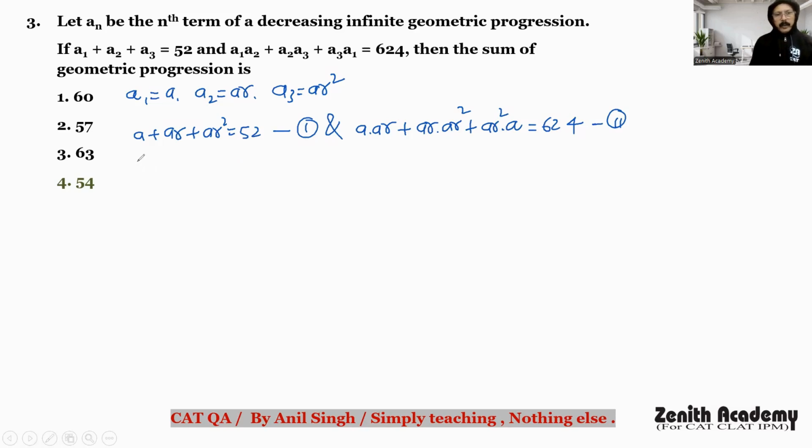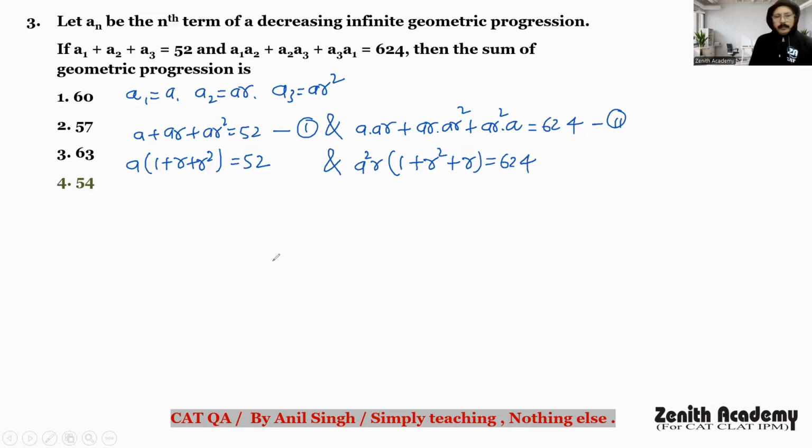From equation 1, you can take A common: A(1 plus R plus R square) equals 52. And here you can take A square R common: A square R(1 plus R plus R square) equals 64.